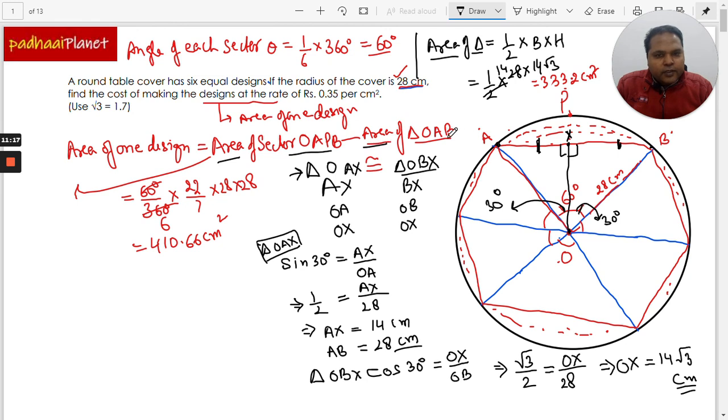So now finally what we have got is the area of the sector OAPB. We also have the area of the triangle OAB, and now we'll put these values into this relationship and we will get the area of one design.